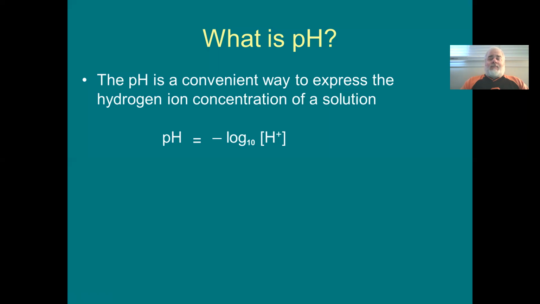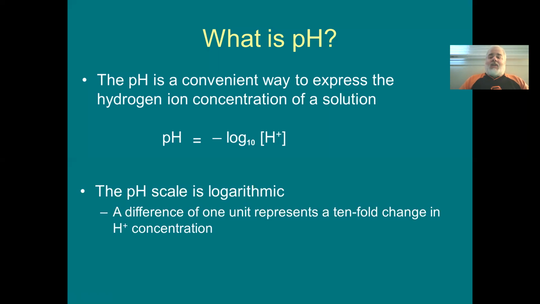And it's 10 to the negative 14, or 1 over 10 to the 14th power, less concentrated hydrogen ions. It's massive. And I'll show you that in a moment. So the pH scale is logarithmic. A difference of 1 unit represents a 10-fold change in the hydrogen ion concentration.